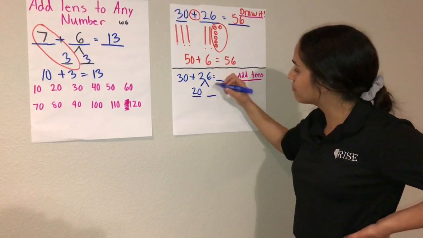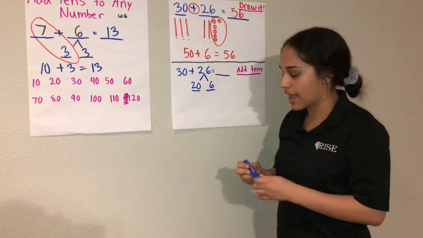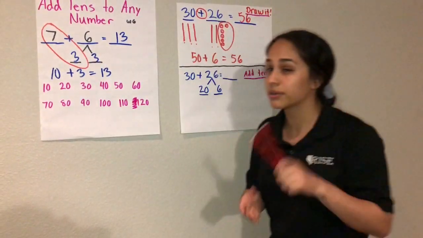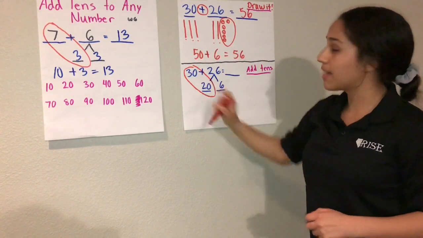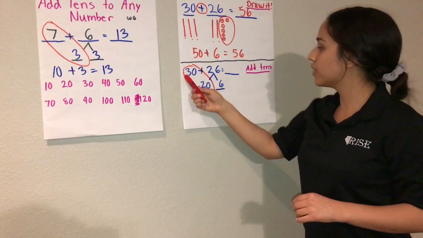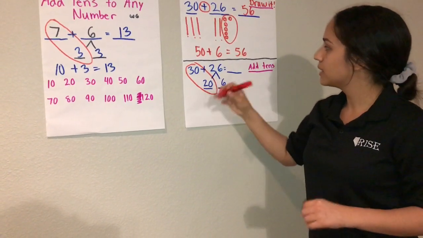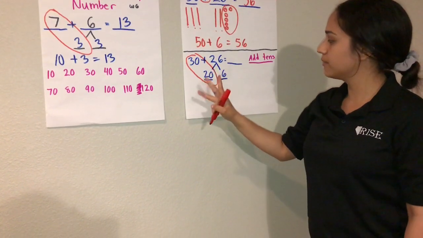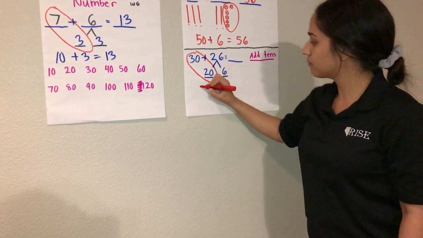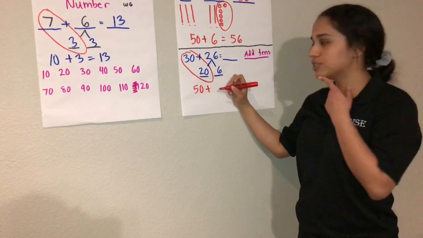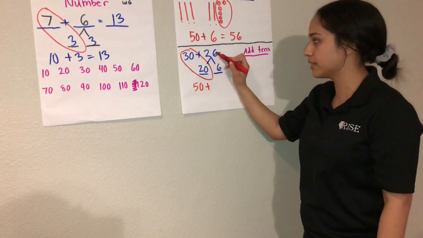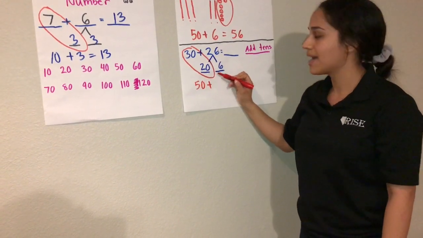I see that I still have that other 6, I can't forget about it. And then remember, you might want to circle putting your tens together so you can see that. That makes it a little bit more simple. 30 plus 20, 10, 20, 30, 40, 50. 50 plus, I don't do the 26 because we already broke up the 26 into 20 and 6.